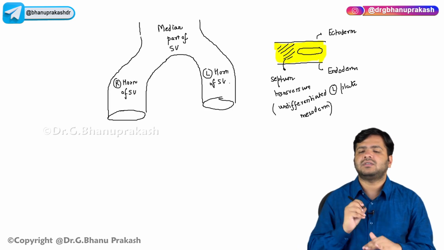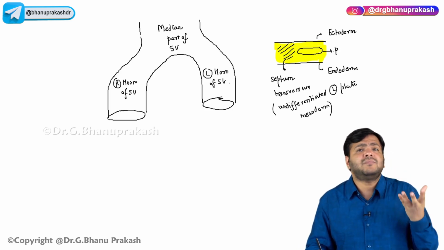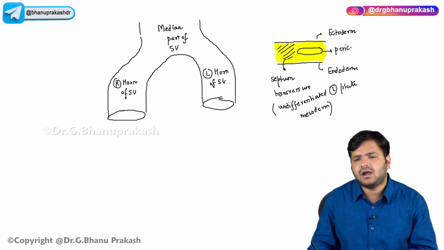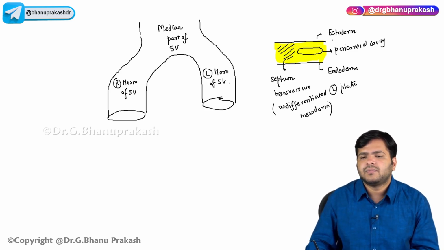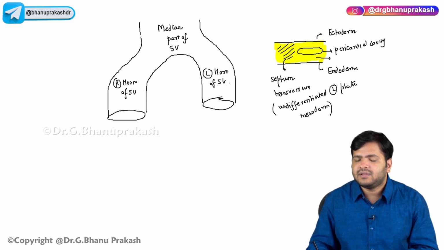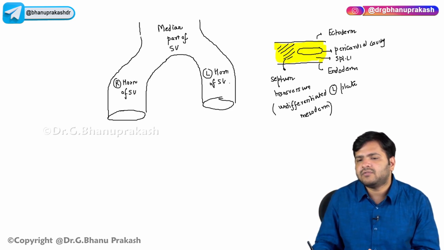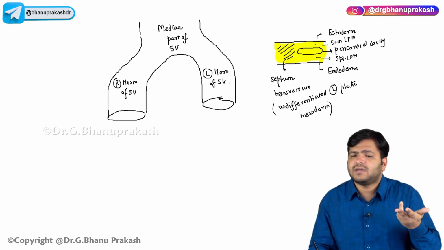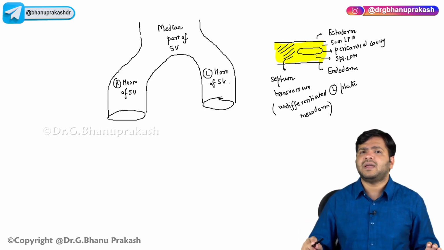This is the pericardial cavity, because in the septum transversum no cavity has developed. And this lateral plate mesoderm is divided into splanchnopleuric and somatopleuric lateral plate mesoderm. Why somatopleuric? Because the mesoderm near the ectoderm is named somatopleuric, and the one near the endoderm is named splanchnopleuric.